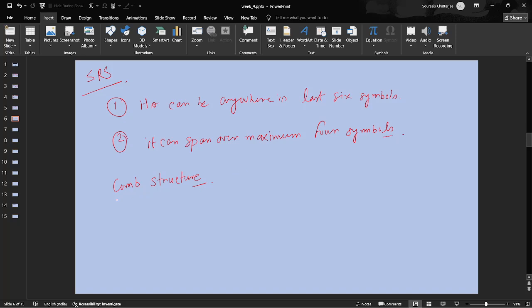Okay, fine, good enough. And does this structure facilitate some features?